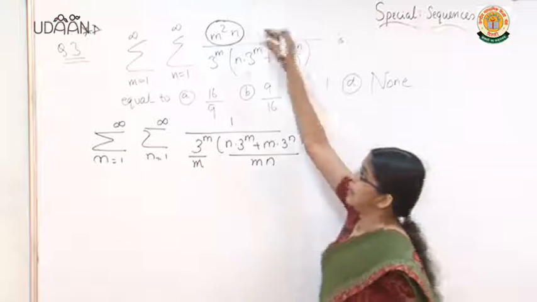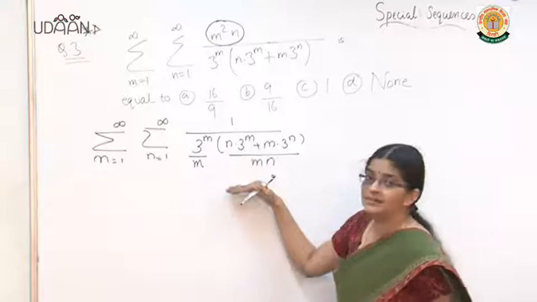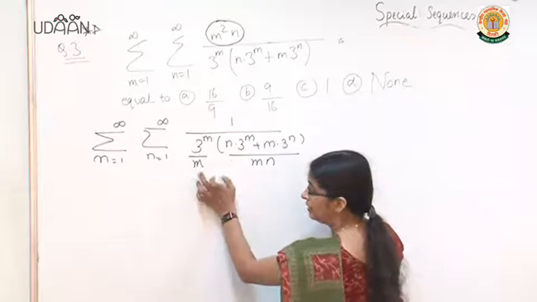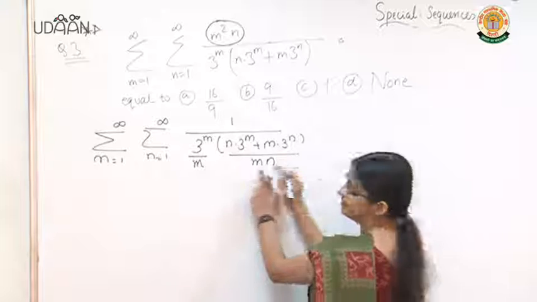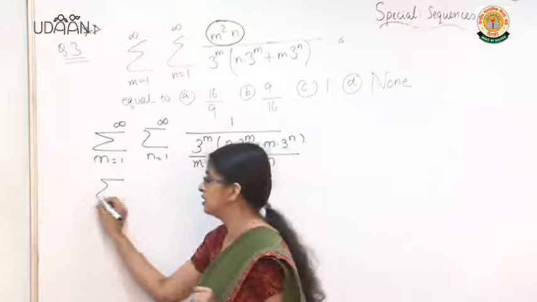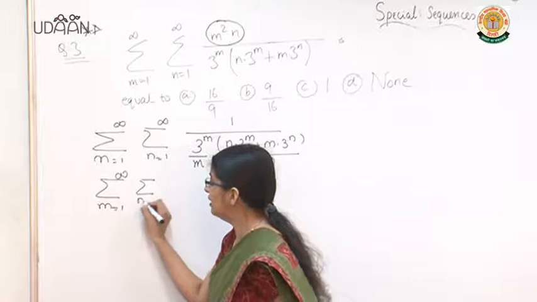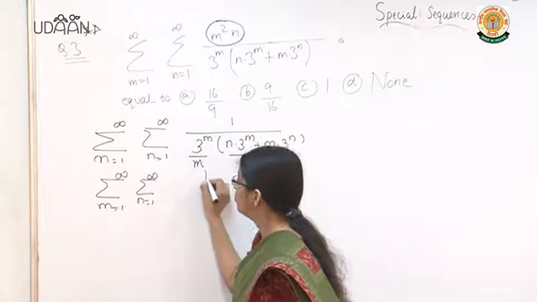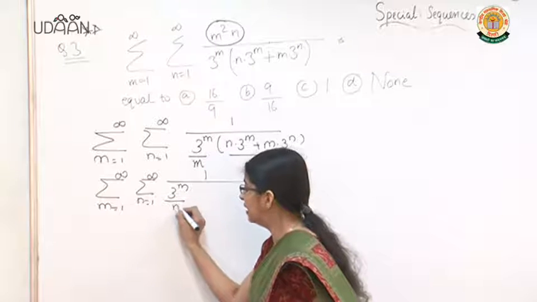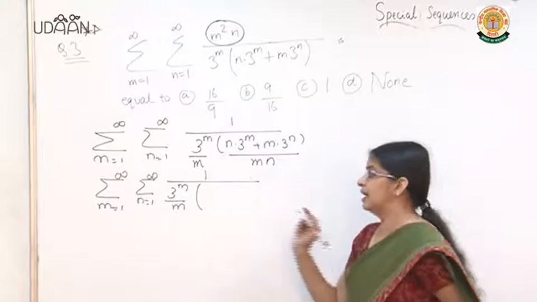So, in the first step, the numerator you write as the denominator's denominator, and we separated it: for 3 power m the denominator is m, and inside the bracket we have taken the remaining m. Let's do the calculations. Sigma m equal to 1 to infinity, sigma n equal to 1 to infinity, 1 divided by 3 power m divided by m into n, and n will get cancelled.